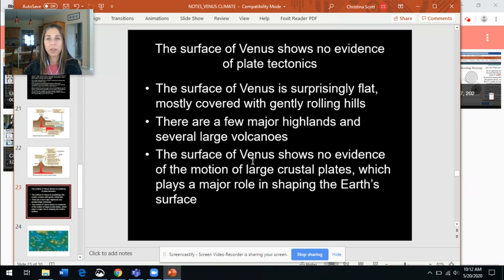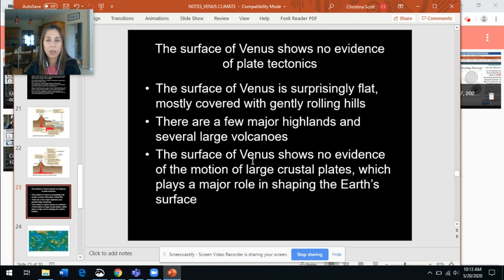The surface of Venus is surprisingly flat, mostly covered with gentle rolling hills. There are a few major highlands and several large volcanoes. So highlands maybe caused from uplift, dome action going on, kind of like bubbling of magma underneath. Not necessarily folding or mountains being formed.